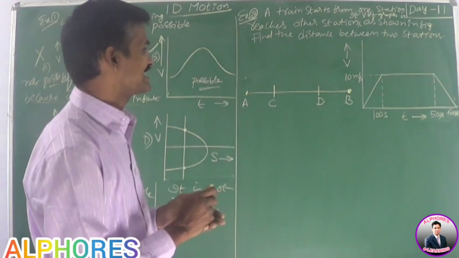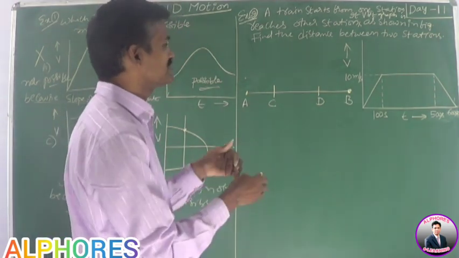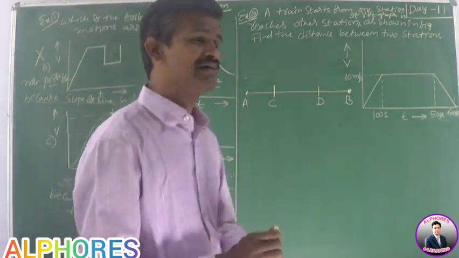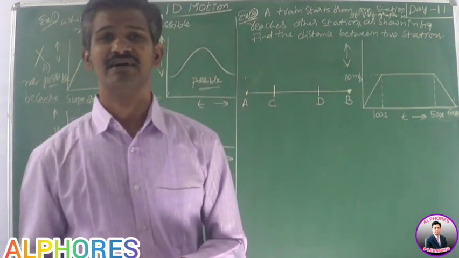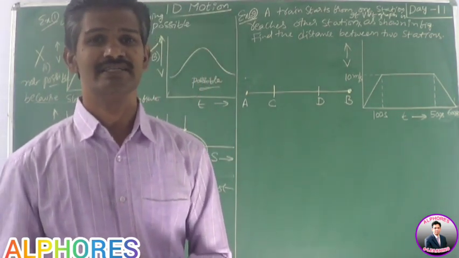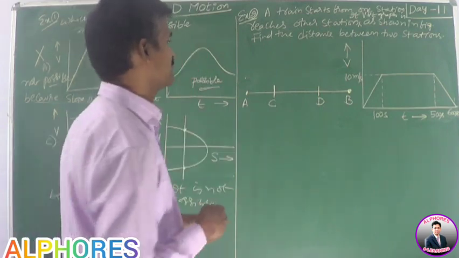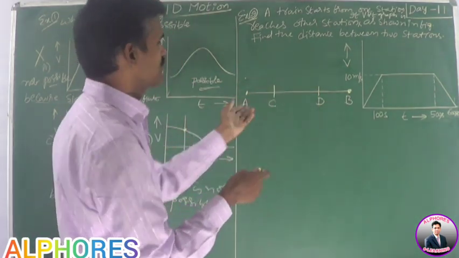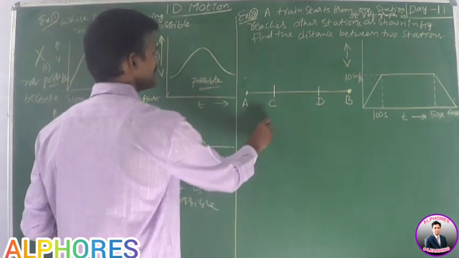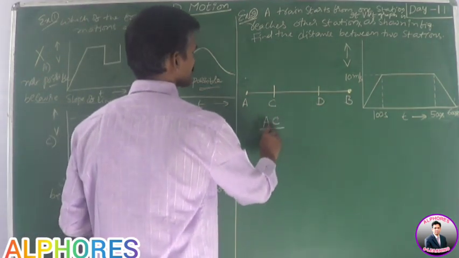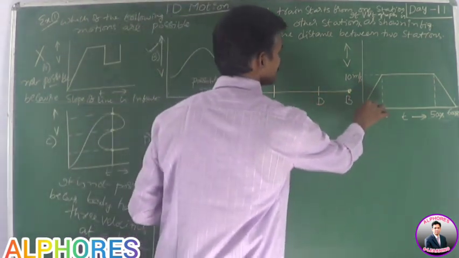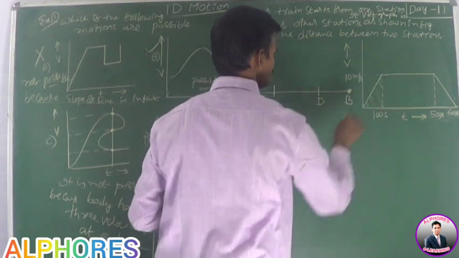So now we have to calculate the journey A to C, C to D, and D to B. We already know that the area under the velocity time graph gives the displacement. What is AC? AC is half base into height.